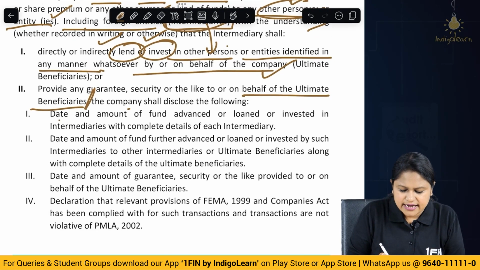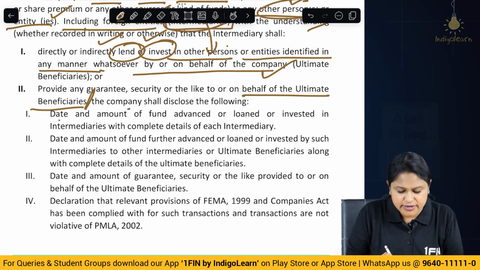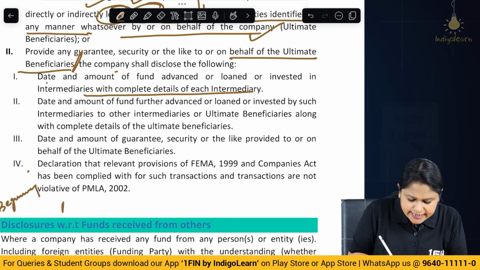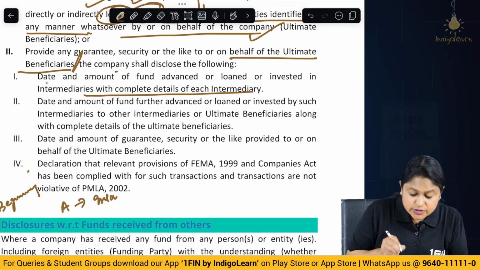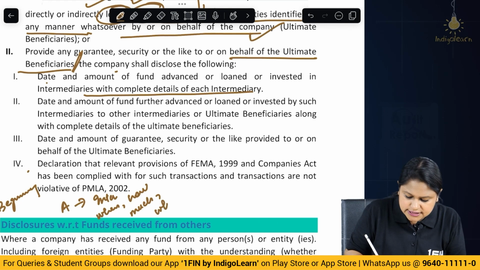First, date and the amount of funds advanced or loaned or invested in the intermediary with complete details of such intermediary. So first you disclose about the beginning. When did this happen? So when did A give it to the intermediary? Okay, so in this, when, how much, and who is this intermediary?